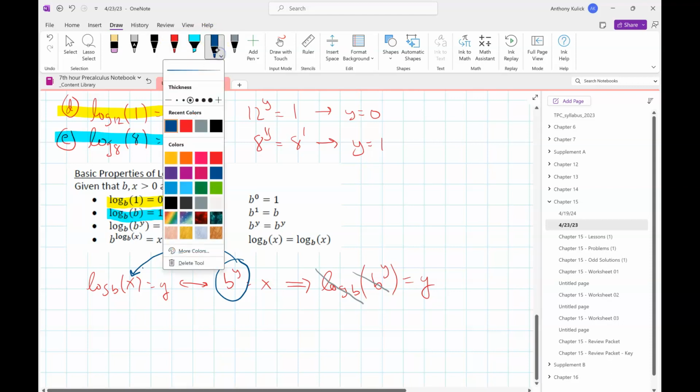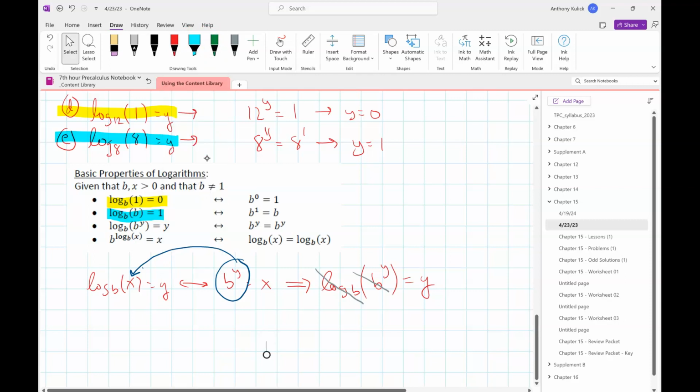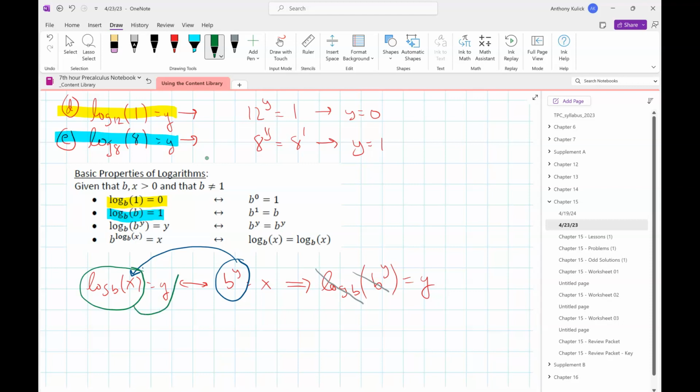Similarly, if I take this y and I plug it in, I'd have b to the log base b of x equals x. Well, that's what we have here. What that would be implying is that exponent base b cancels log base b.